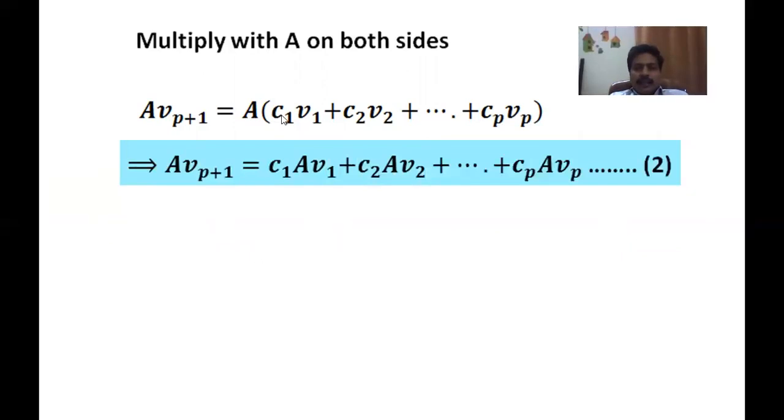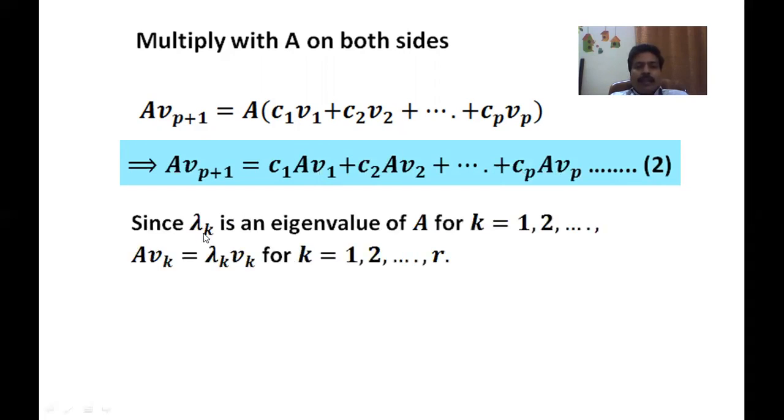Since c1 is a scalar and A is a matrix, v1 is a vector, the scalars can be taken out, and by distributive laws we can multiply each vector with A. So we get c1 A v1 + c2 A v2 and so on plus cp A vp on the left hand side.